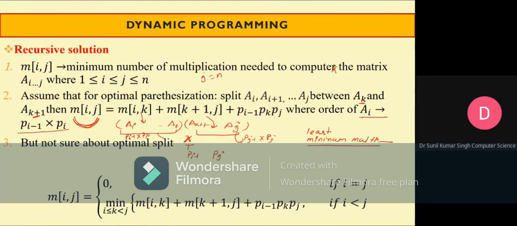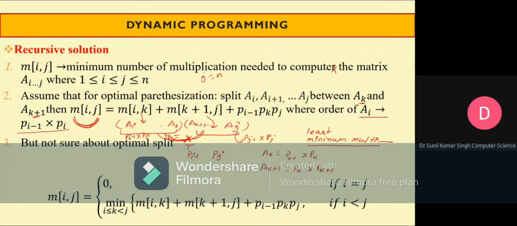And of course we are going to multiply the matrices, so the number of columns of this matrix must be equal to the number of rows of the other. So the order of Ak is going to be pk minus 1 into pk, and the order of Ak plus 1 is going to be pk into pk plus 1.